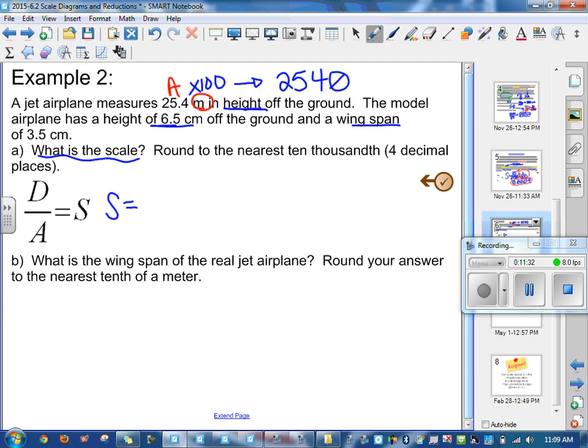I'm going to match height to height. So that means that my 6.5 height of my diagram is going to match my height of my real life, which we've converted to centimeters, 2,540 centimeters. Divide that out. What do we get to 4 decimal places? Round to 4 decimal places, please.